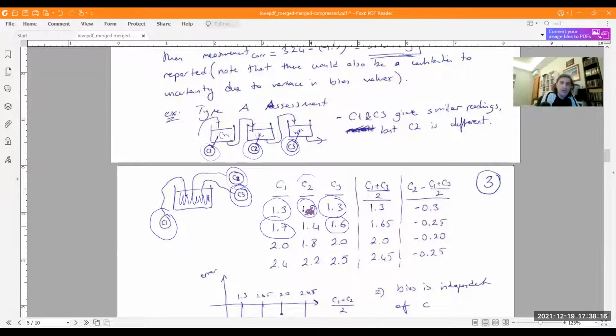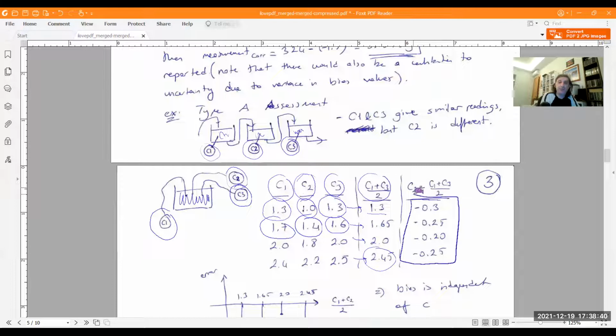But there's a larger deviation in the second conductometer. So the very basic analysis that you should do is we come up with an average of C1 and C3 as these values, 2, 2.4, 2.45, and we subtract the C2 values from these average values, and we find the error terms.